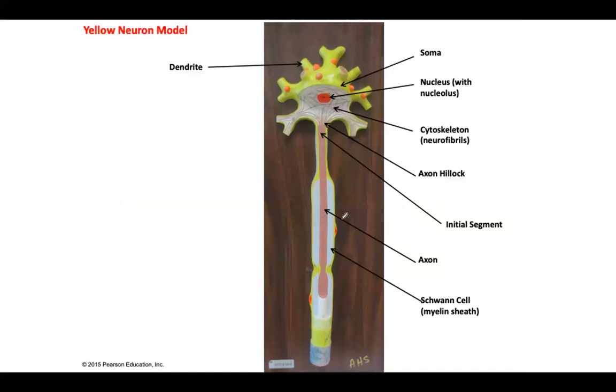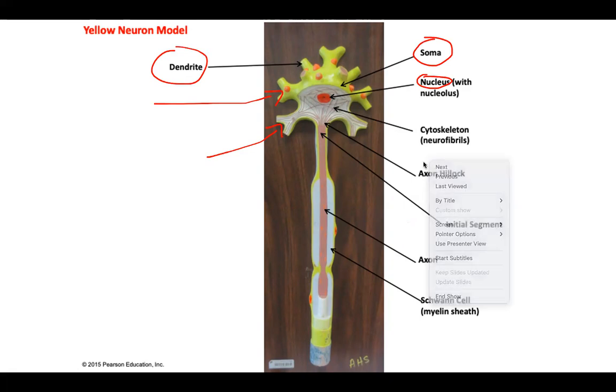Same type of structure, just a different type of model, but again, showing the same structures where we see the dendrites, which are these branches that we see here on the outside. We see the cell body or the soma. We see the nucleus in the center. We have an axon hillock, which is the dilated part right here.